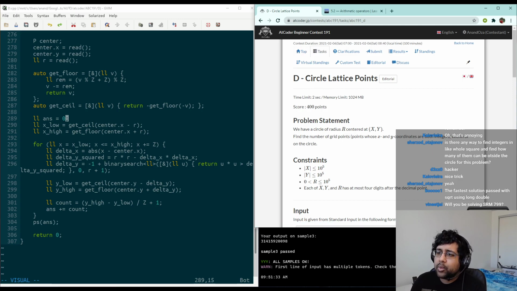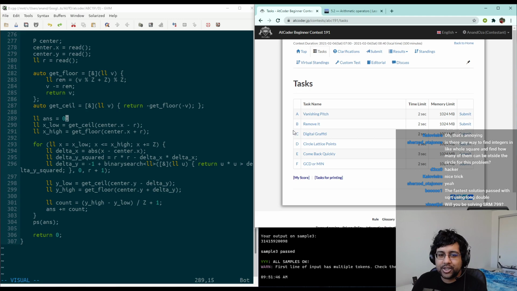And then will I be solving SRM 799? I don't know. Probably not. I usually skip TopCoder just because I personally don't like the format as much as other contests. I also frankly think TopCoder Division 1 is too difficult, but maybe that's just for me.